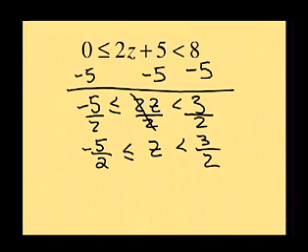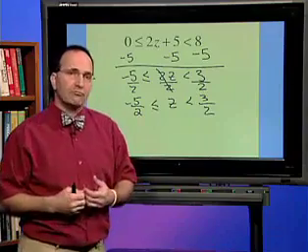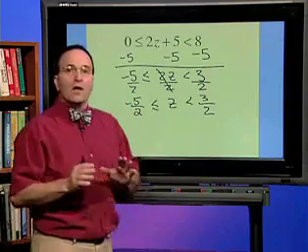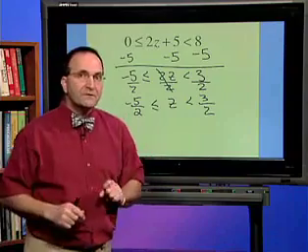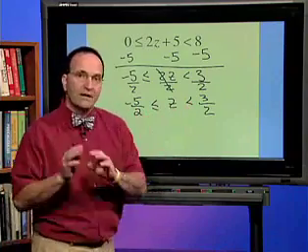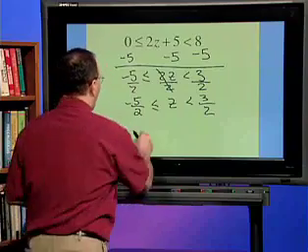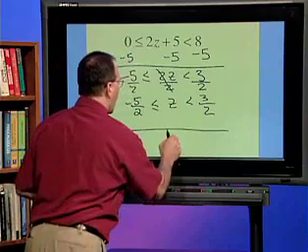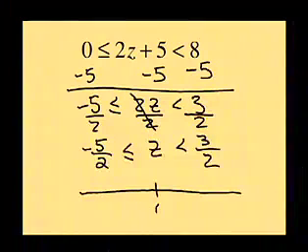So we need to graph this, and in this case, realize that we're going to use brackets and parentheses again because we have less than or equal to here, and over there we just have plain old less than. So our solution for the graph would look like this. Here's 0 as my reference point.